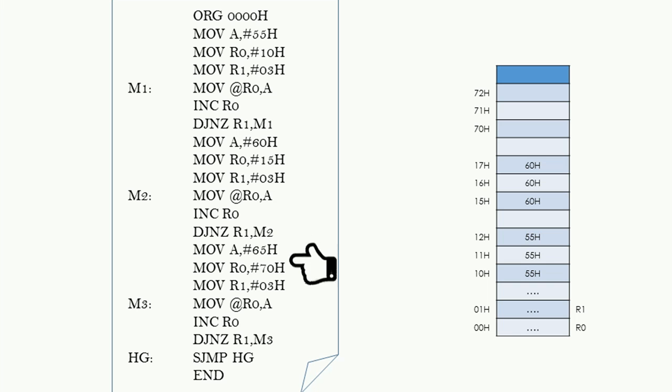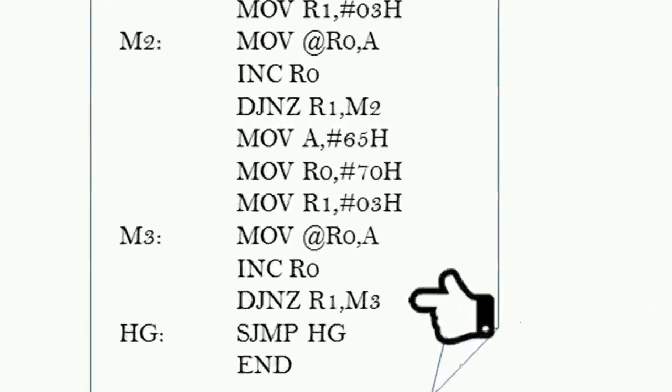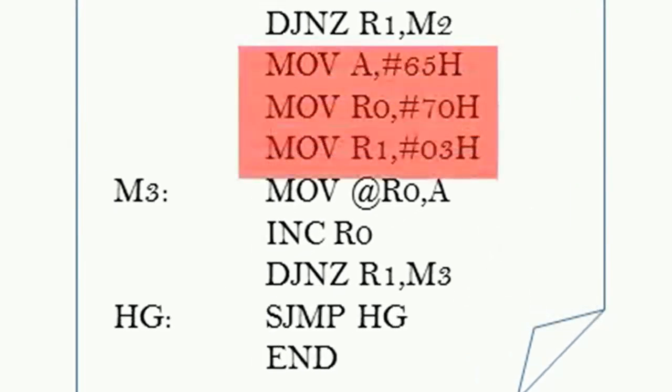Again, we have some similar instructions here. The content in memory location 70 hex to 72 hex will be filled with 65 hex.